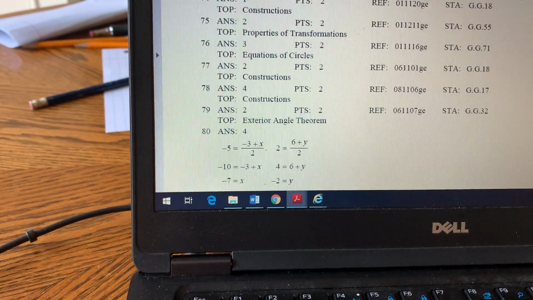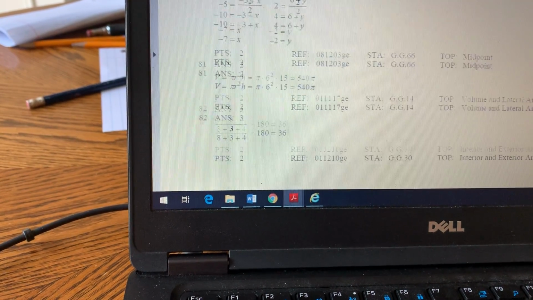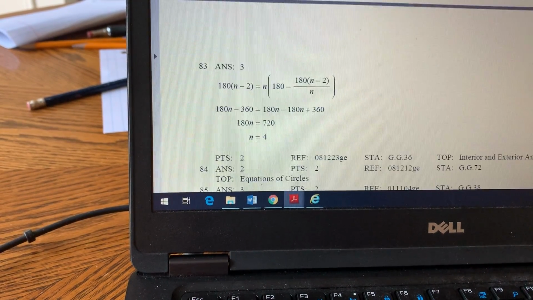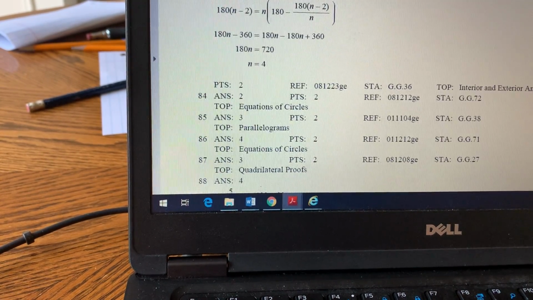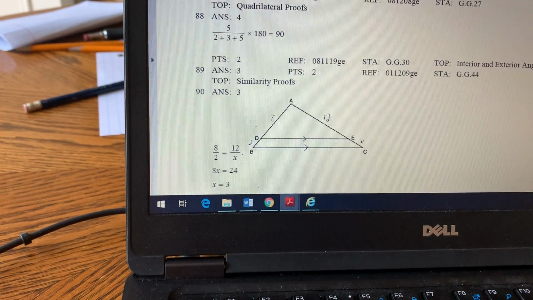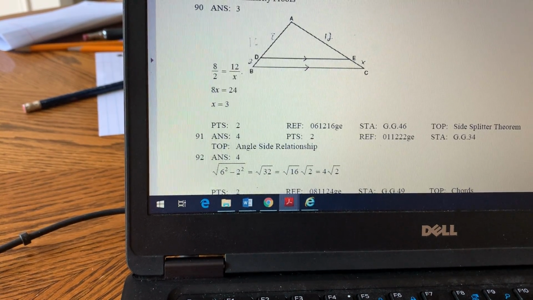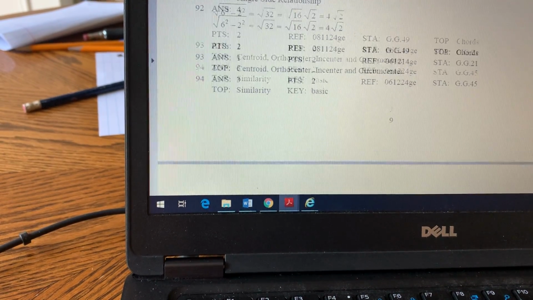76 is 22. Maybe not as many as I thought. 82 is 23. 83 is 24. 85 is 25. 87 is 26. 89 is 27. 90 is 28. Now it's picking back up. 94 is 29.